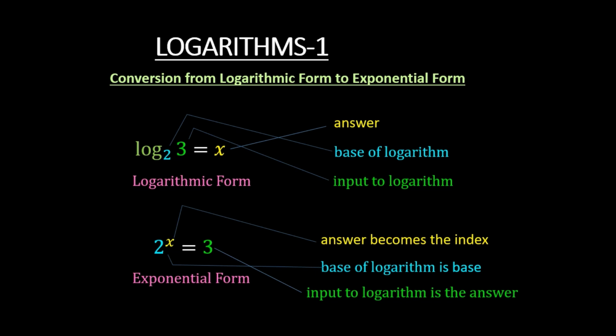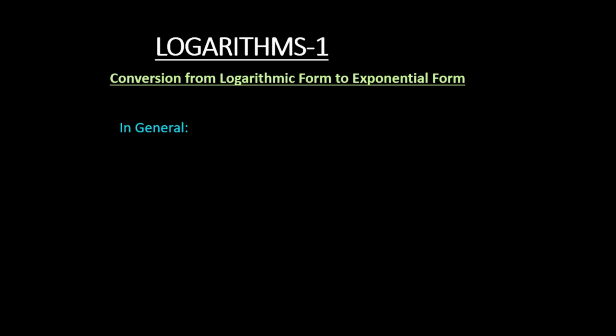In general, if I take a logarithmic equation, x equals log y base a, then its corresponding exponential form will be y equals a raised to the power x. It's read as x equals log y base a, and its respective exponential form is y equals a raised to the power x.